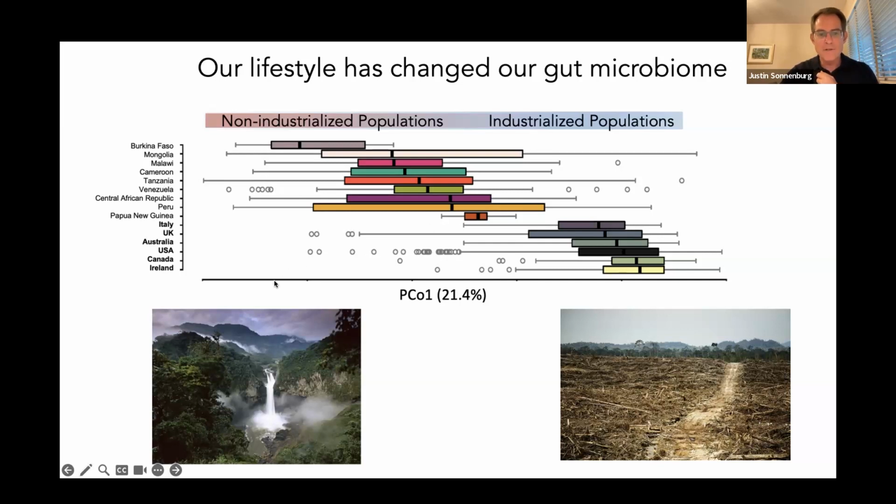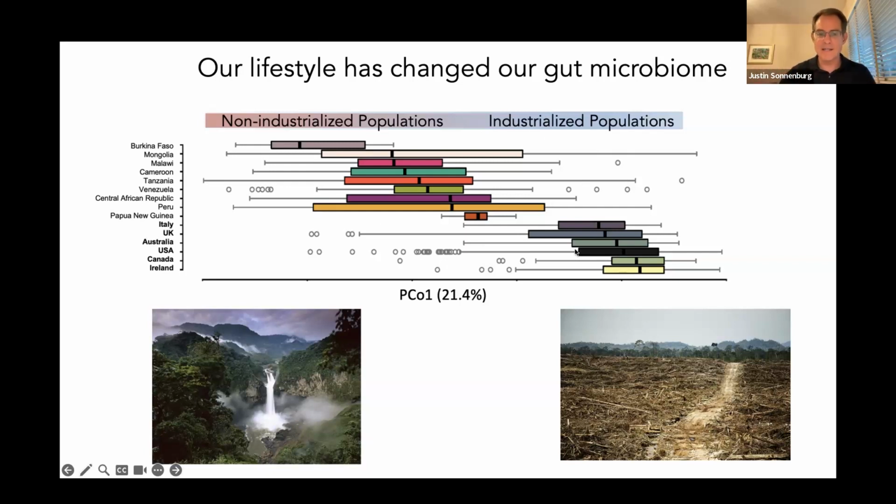This graph shows where all of these populations' gut microbiome composition lies on this axis. Further to the left is very different from further to the right for microbiome composition. And we see a very clear pattern here: the non-industrialized populations have microbiome compositions towards the left, industrialized populations to the right.